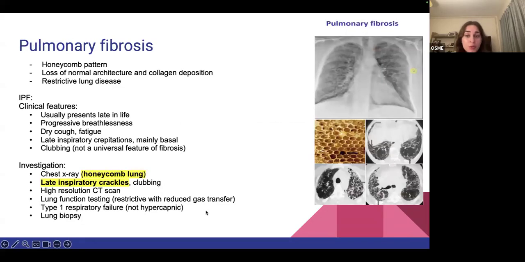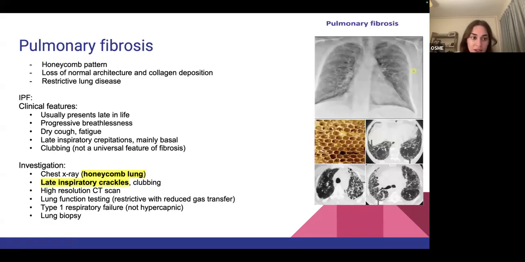So for pulmonary fibrosis, we're now going into the restrictive lung diseases. The question stem will often say that on samples or even on CT scans, it looks a bit like honeycomb. This is because you've lost the normal architecture of the lungs because there's fibrosis and collagen deposition.